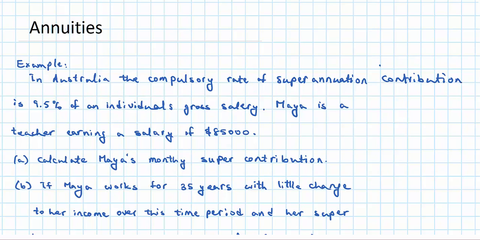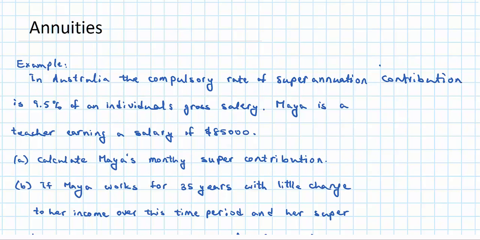It's part of her salary, but she doesn't access it. It goes into a superannuation fund on a monthly basis as she gets paid, and it accumulates over her career, so that when she retires, she has a lump sum that she can use to support her retirement period.